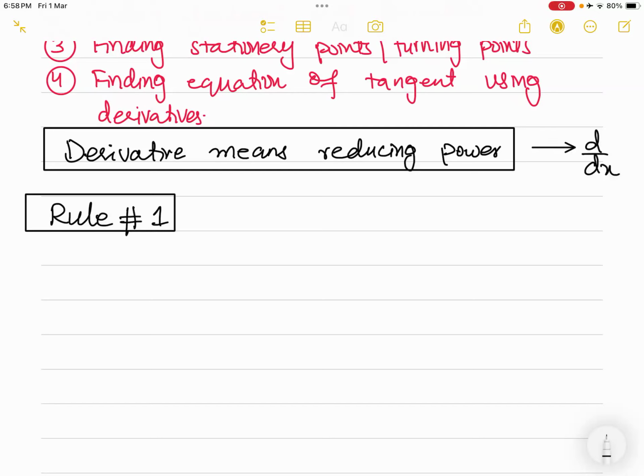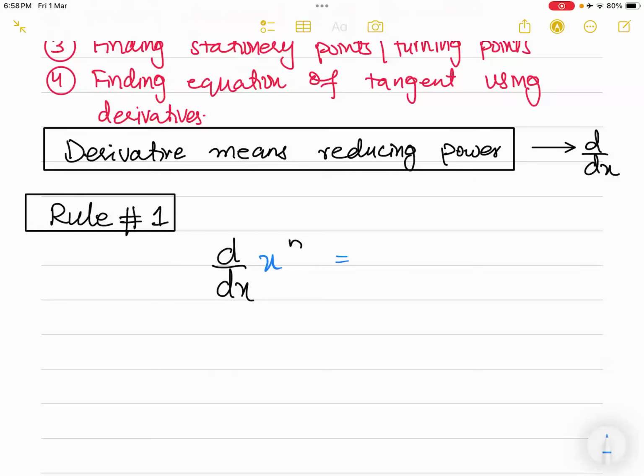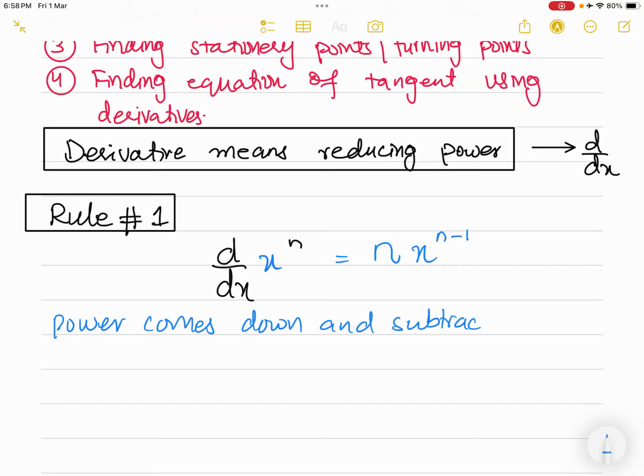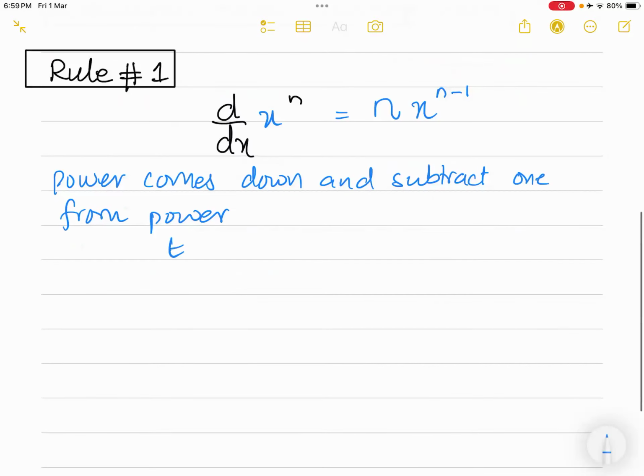For example, whenever we take d by dx of x power n, remember that power comes down and we subtract 1 from the power. Look at the example, everybody.